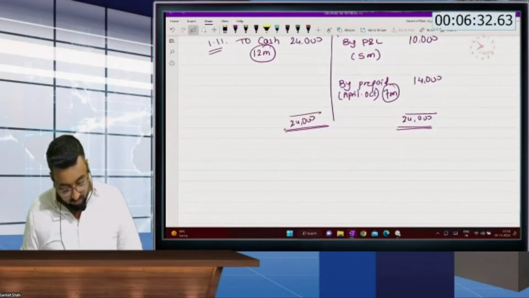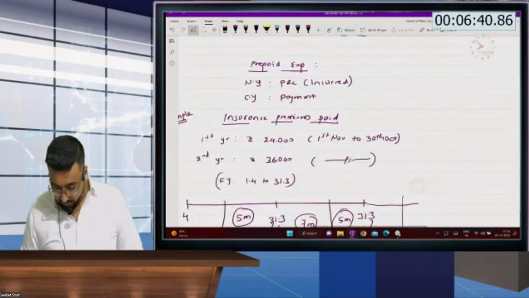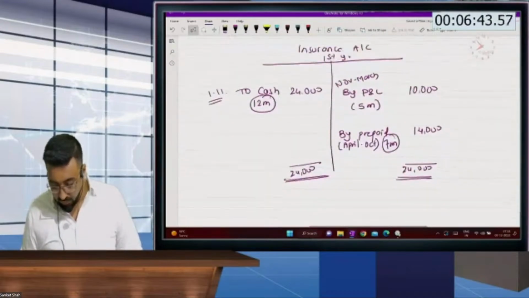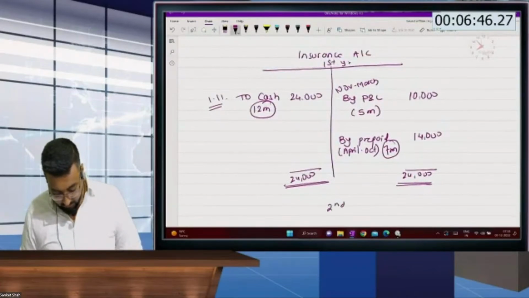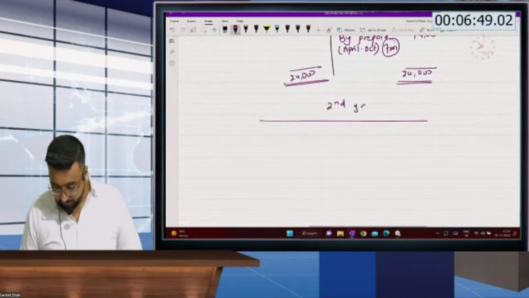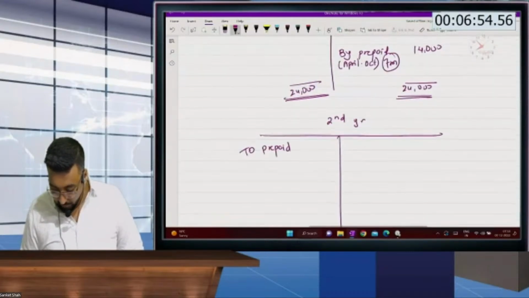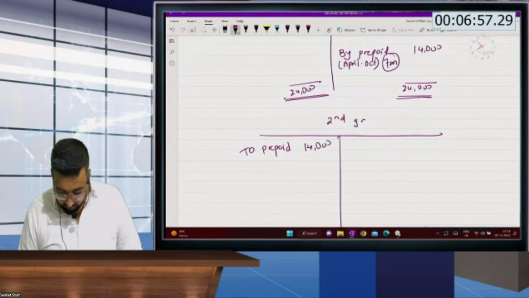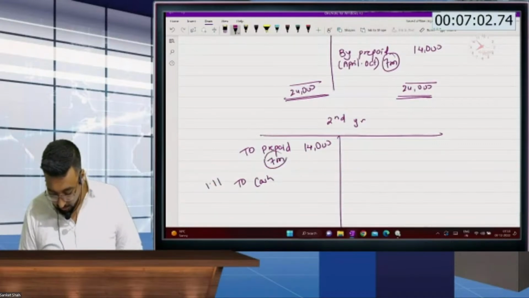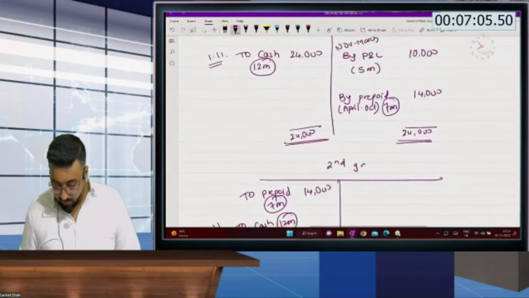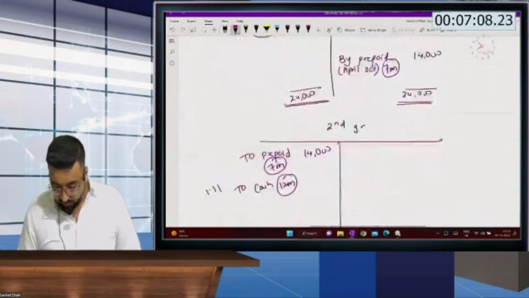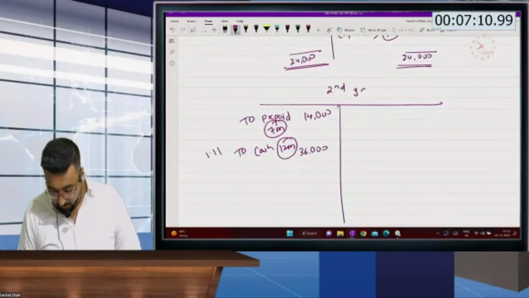It was not per month, it was the total. Mohammad Aslam gave the full amount. It is not per month. Second year, to prepaid 14,000. To cash, okay, this is for 7 months. To cash is for 12 months. You paid 36,000 on 1st November.